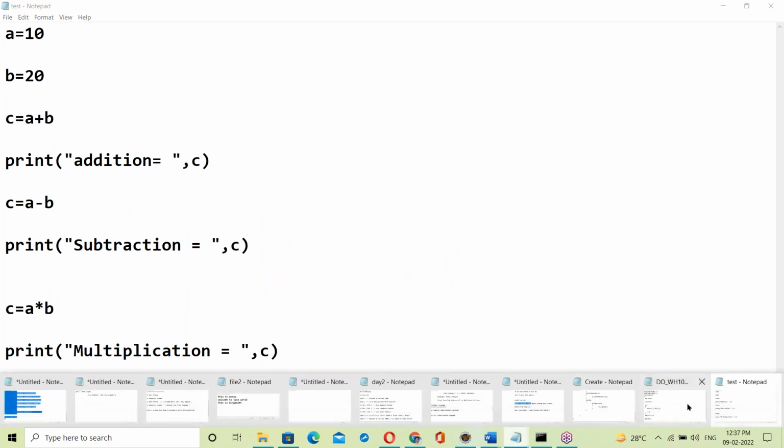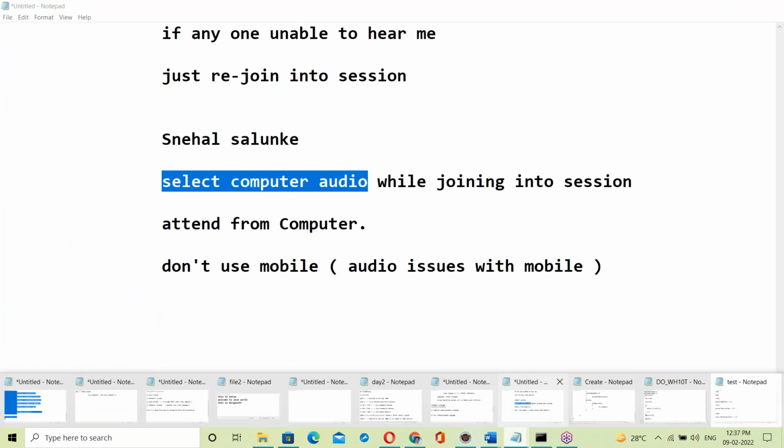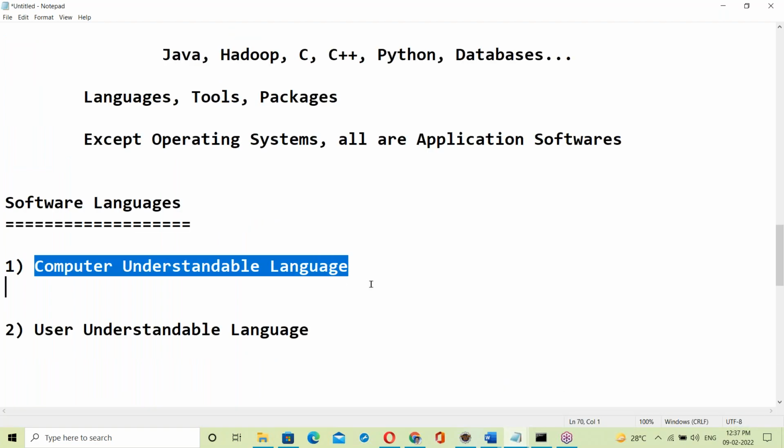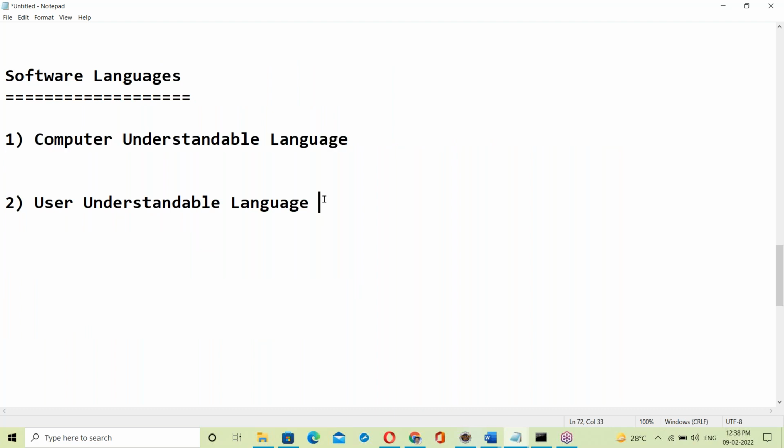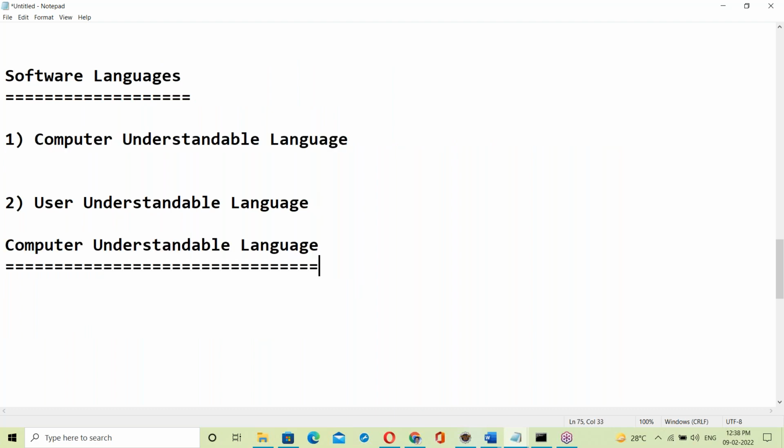Then what is computer understandable language? Tell me guys, what is computer understandable language? That depends on the generation of computers.